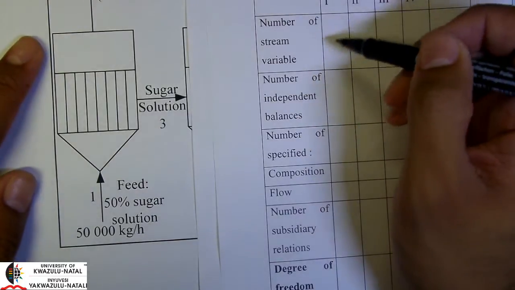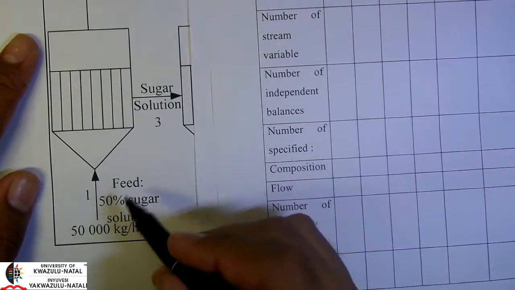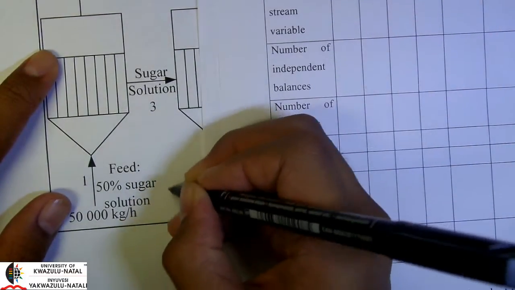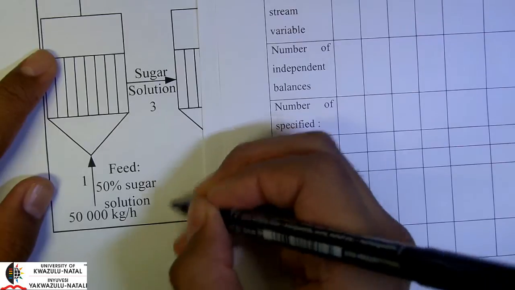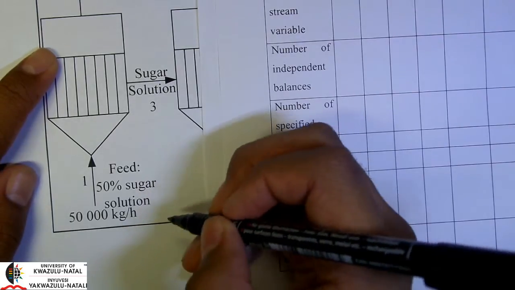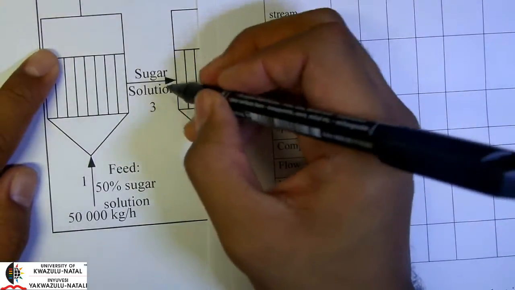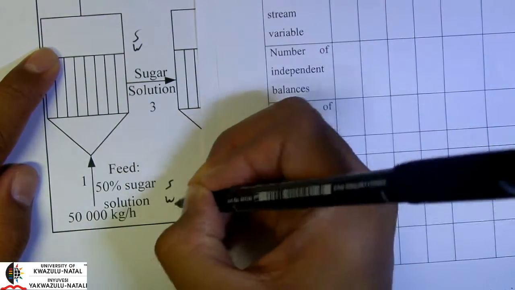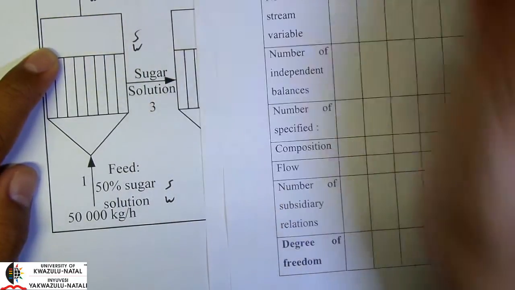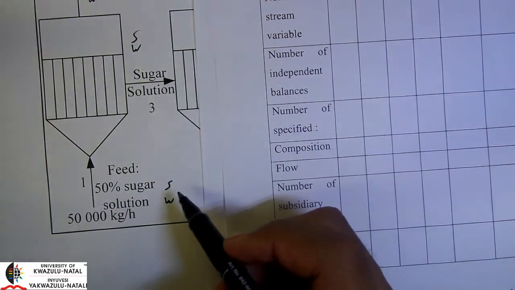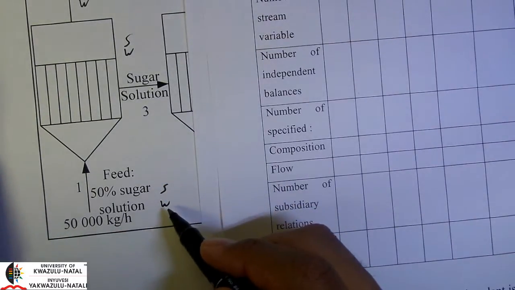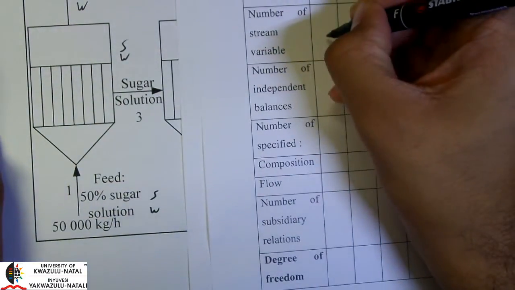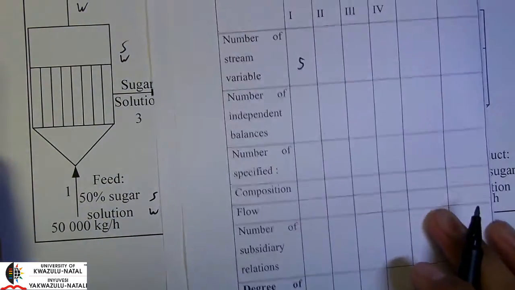Counting the number of stream variables, we have a 50% sugar solution here, which obviously implies it's 50% water as well. So we have sugar and water, so that's two components over here. We still have a sugar solution here, so we still have our sugar and water. But here we only have water. So the number of stream variables would be 1, 2, 3, 4, and 5. So that's 5.